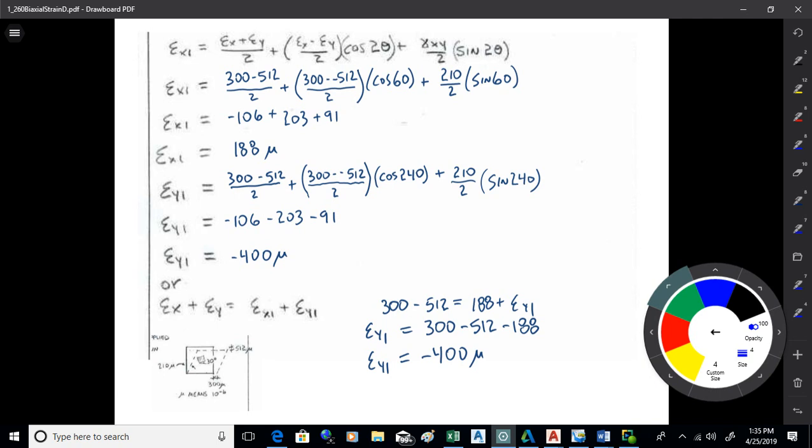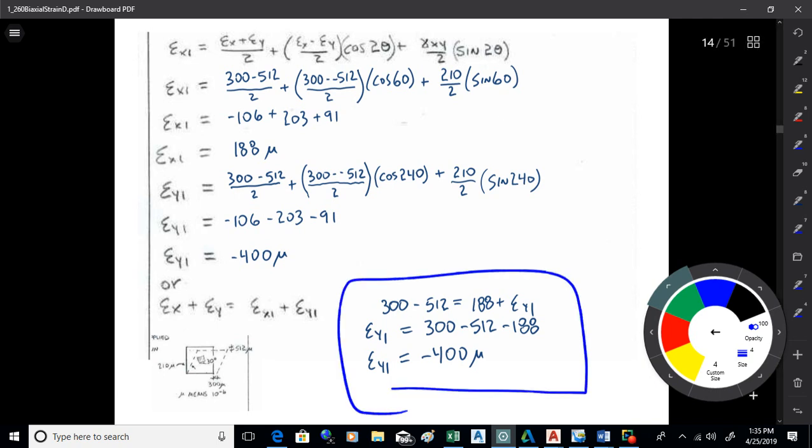It's just a shorter version, kind of a quick formula there to plug into. Okay, so there you go.